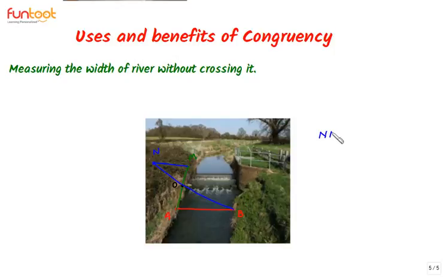That means NM will be equal to AB. So this length is equal to this length. So this is a very interesting application of the concept of congruence. Here, without crossing the river, we can measure the width of the river.